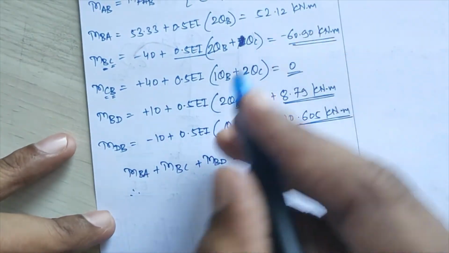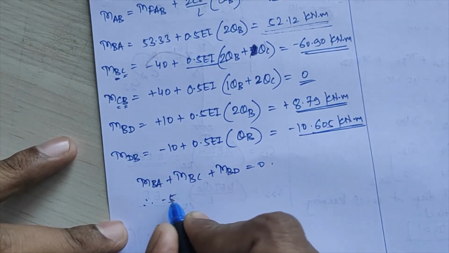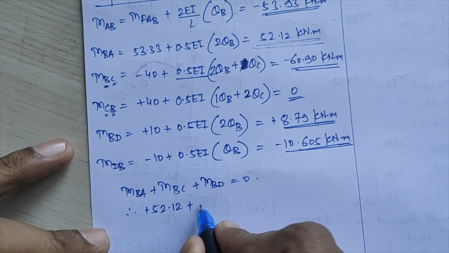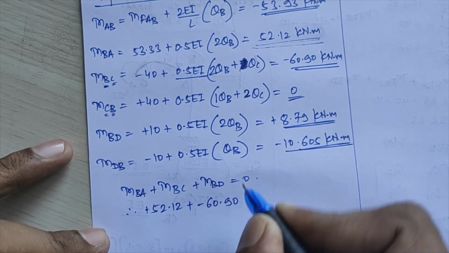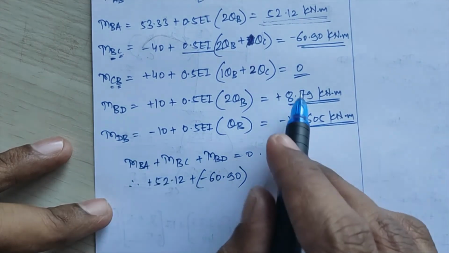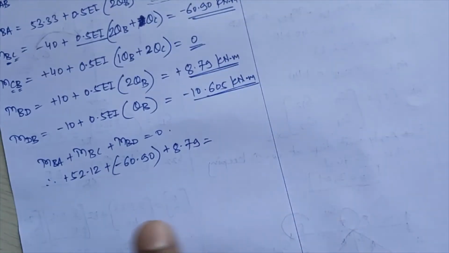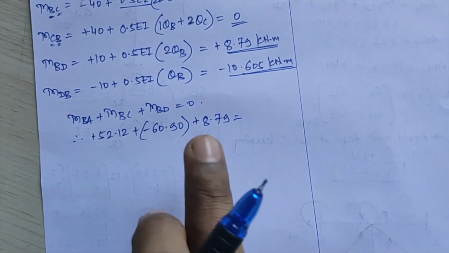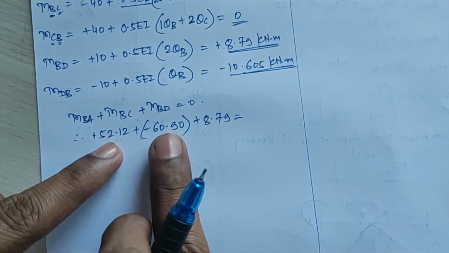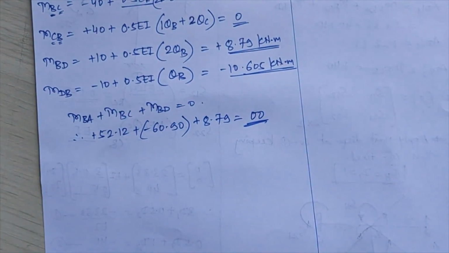MBA I am getting as plus 52.12, plus MBC as minus 60.90, and MBD I am getting as plus 8.79. So if I solve this, 52.12 plus 8.79 is almost 60, so 60 minus 60, that I'll get almost equal to 0.